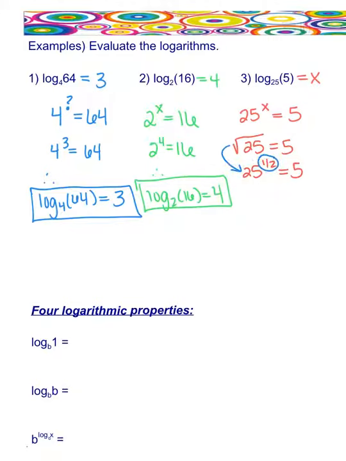So that is where I'm going to be able to see that log base 25 of 5 is equal to 1/2. So it's all about determining relationships and how the numbers are going to relate to one another.